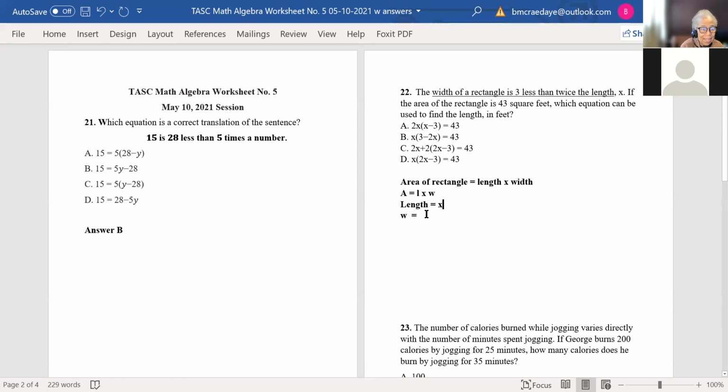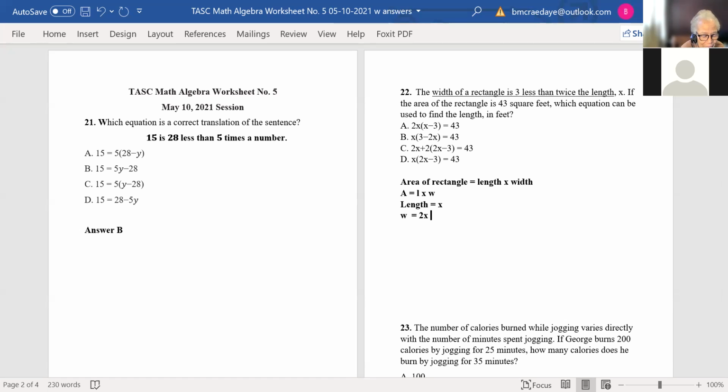So twice the length would be 2x, and tell me how to write 3 less than, subtraction. No, I want to subtract 3 from this.